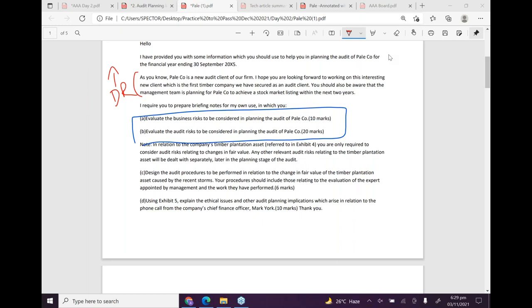Guys, could you also please give me the ROM related to weak corporate governance? Weak corporate governance has a risk of material misstatement as well.